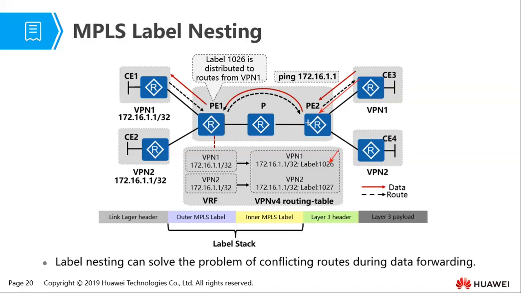Therefore, when this other PE receives that ping packet, it's going to check the label and know that label 1026 is for VPN1, and so it's going to send that packet to the correct CE device by looking at the label, because if it came with 1027, then it would have forwarded it to VPN2. So that's how it uses that. I'm sure on the coming slides we're also going to see how the outer label is used in forwarding that packet in the public network.